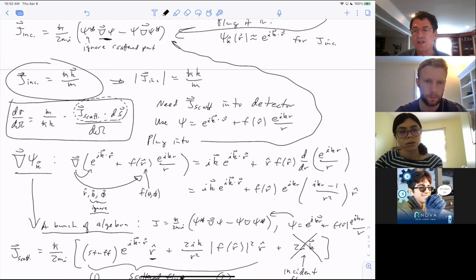So that's the term we're talking about. It's the flux, because we're trying to figure out how much probability flux goes into our detector. And that's what this term is. The quantity we care about is the flux that goes into our detector, and the flux from that term is going to add up to 0.